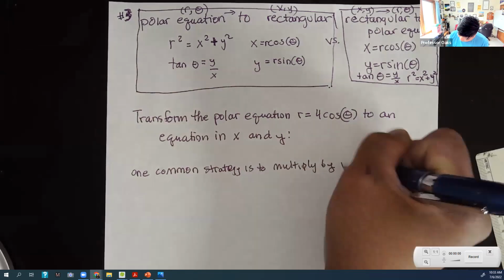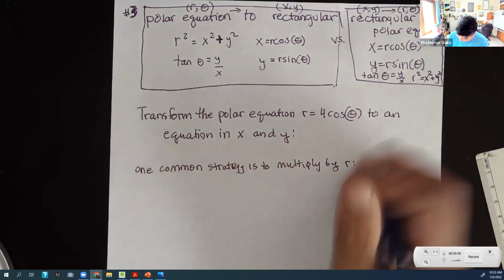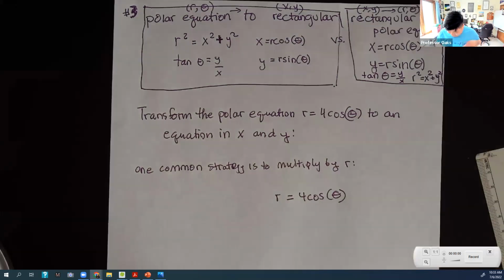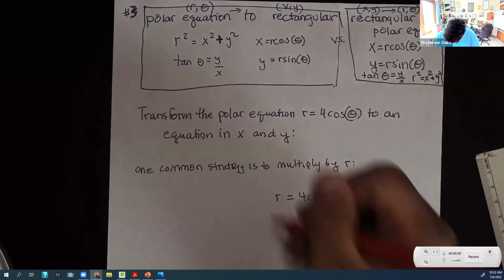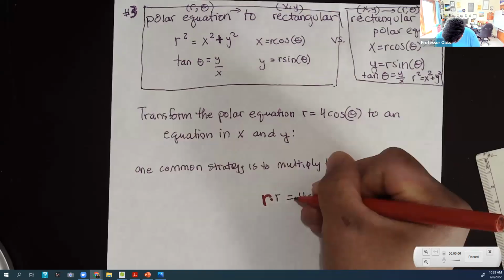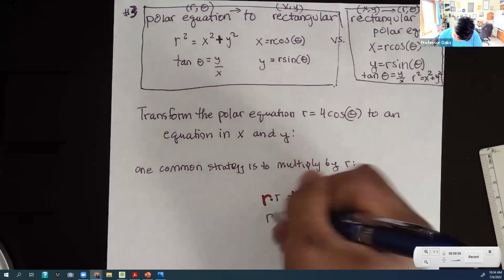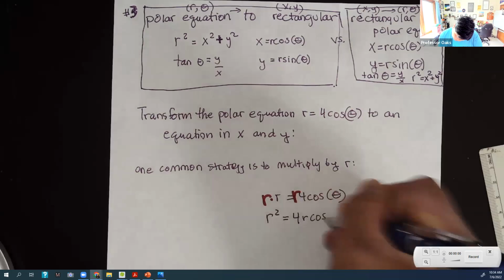So if I take r is 4 cosine of theta, and I multiply each side by r, then I have r squared is 4r cosine of theta.